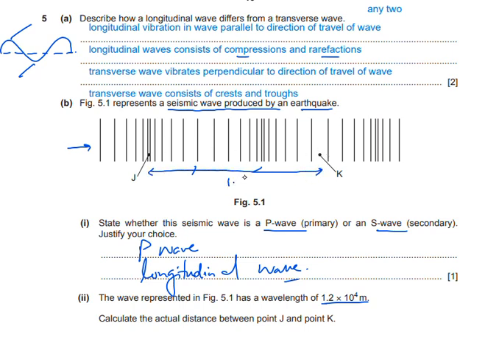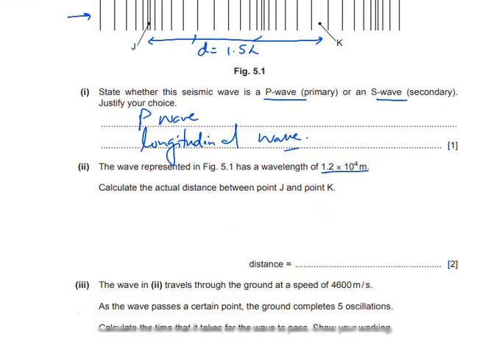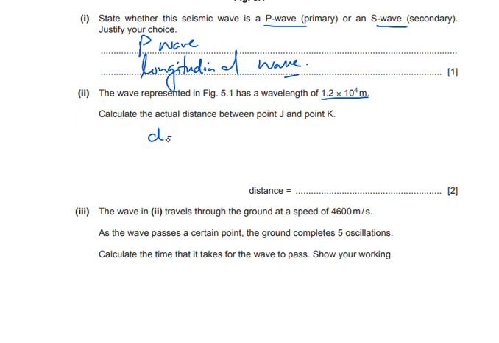It is 1.5 times lambda, the wavelength, because the wavelength is between two consecutive compressions or two consecutive rarefactions. We are given the value of lambda, 1.2 × 10^4 meters. Simplifying it, we get 1.8 × 10^4 meters.